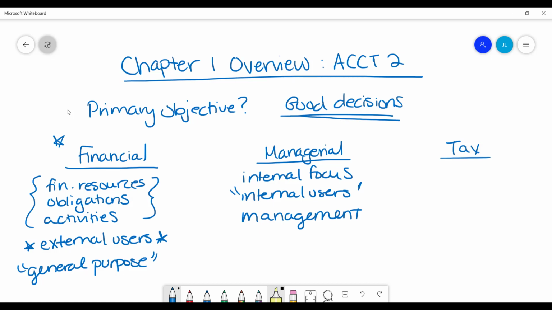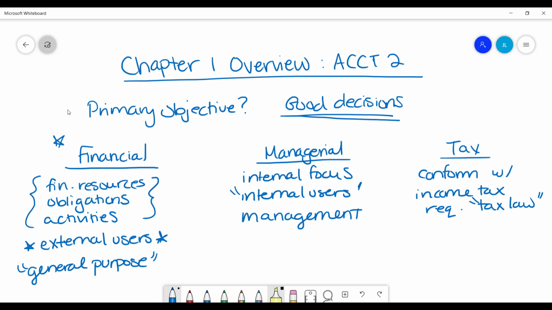The third type of accounting information is tax. Some of us might be familiar with that area, some of us might not. This kind of accounting information has to conform, as many of us might know, with income tax reporting requirements. Basically, our tax law is the crux of this type of accounting information.